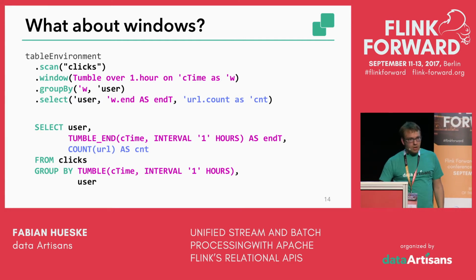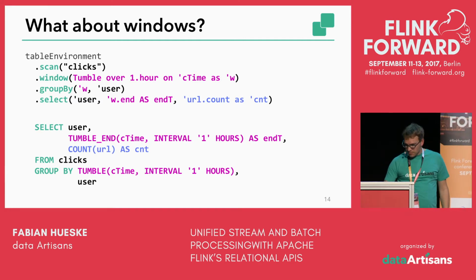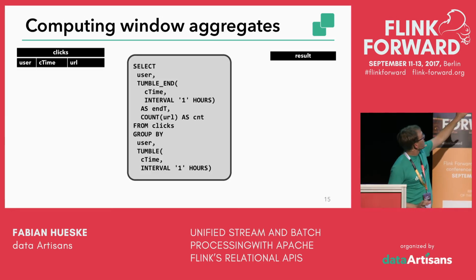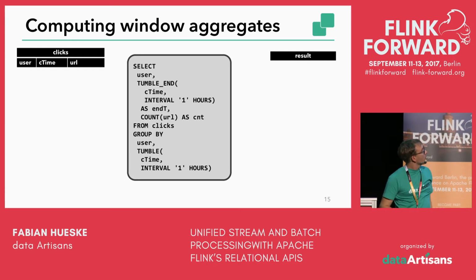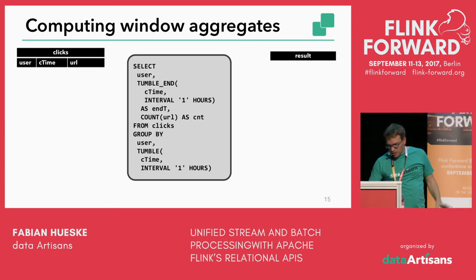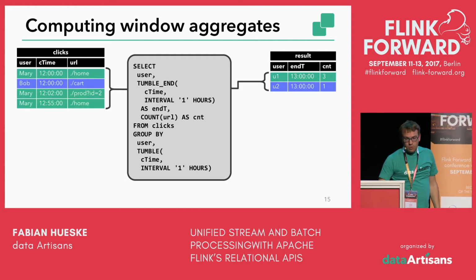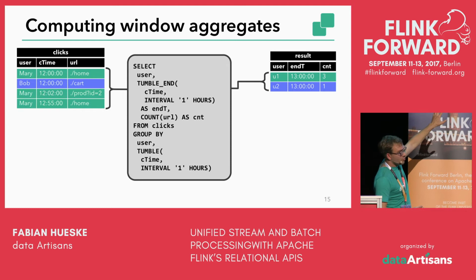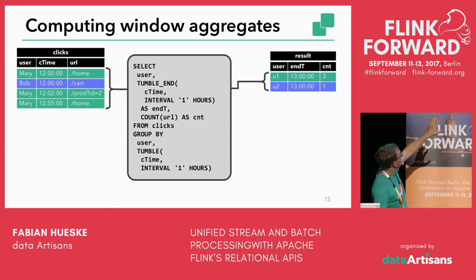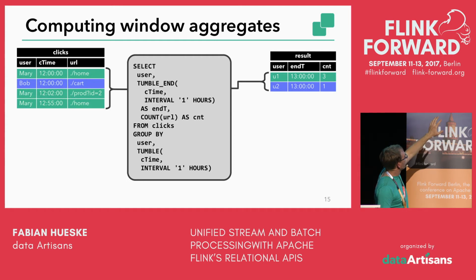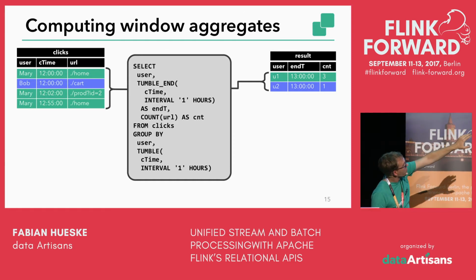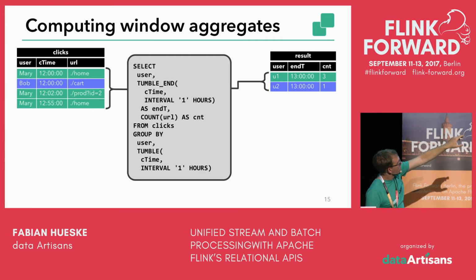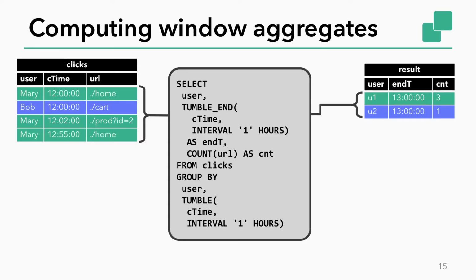So how would such a query be executed in Flink? Again, we have the input data on the left-hand side. The query is in the middle. It's exactly the same as before, and the result is on the output on the right-hand side. So we get a couple of rows as input, and all these rows have timestamps between 12 o'clock and 13 o'clock, and these will then be grouped together into two result rows.